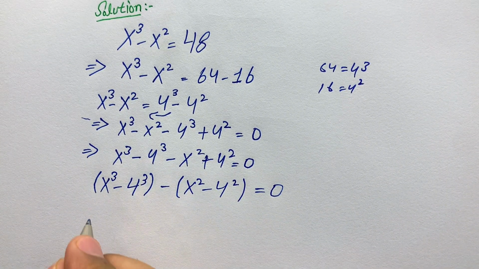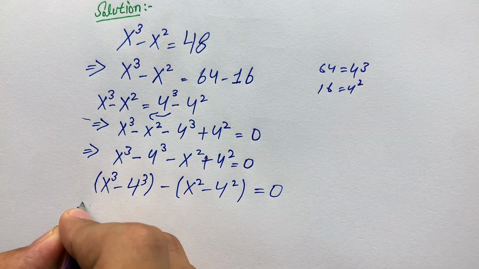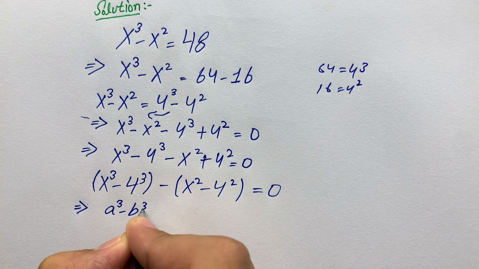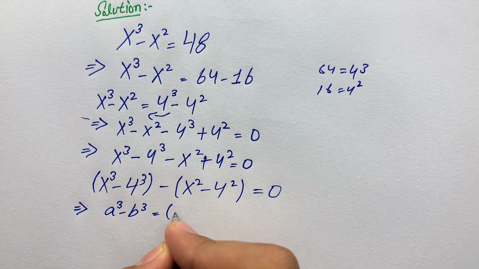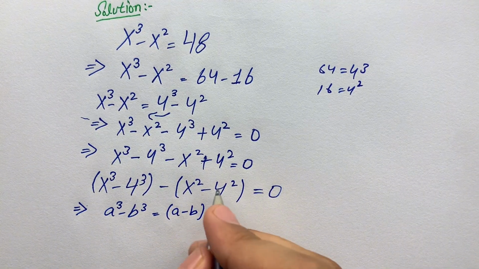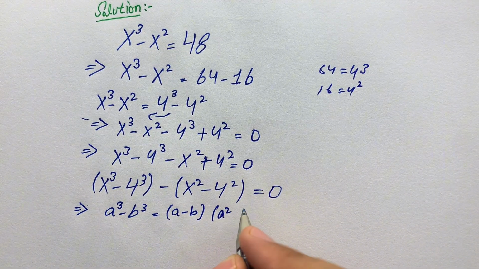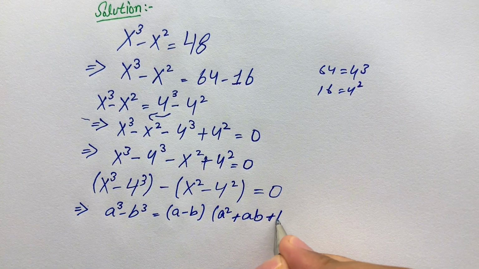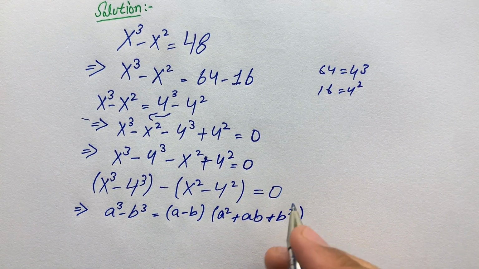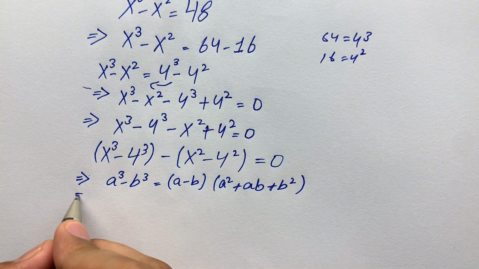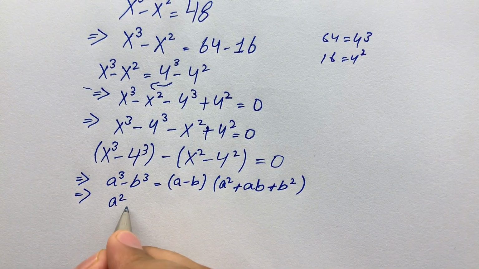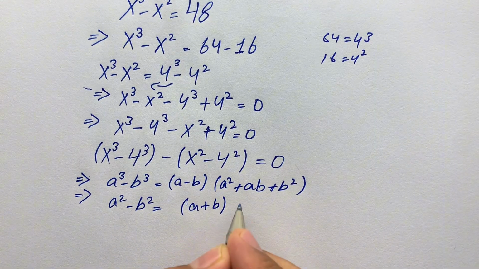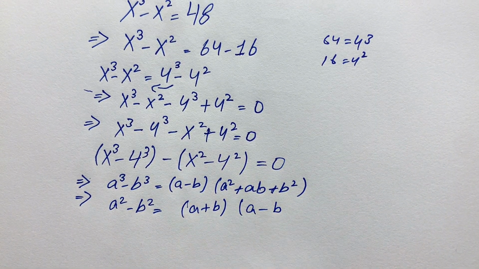In the next step, we use this formula: a^3 - b^3 is equal to (a - b)(a^2 + ab + b^2), and this will be our second formula: a^2 - b^2 is equal to (a + b)(a - b).